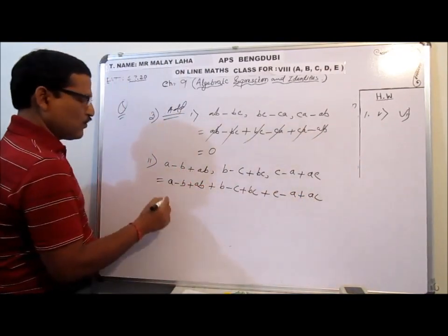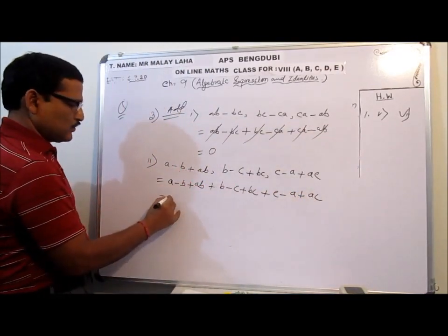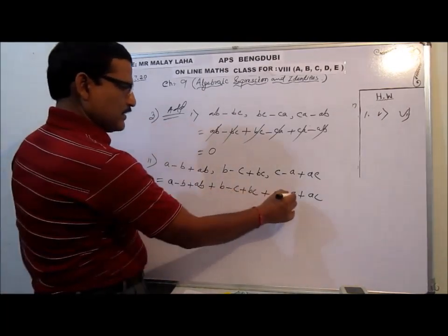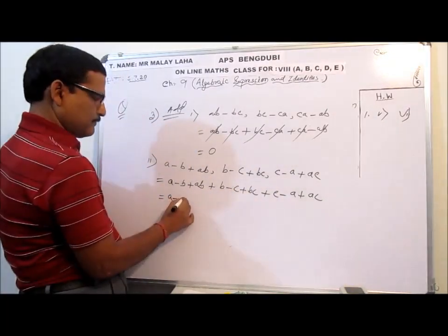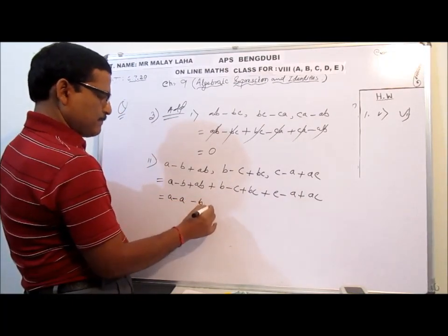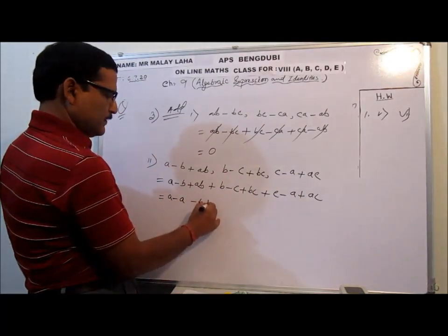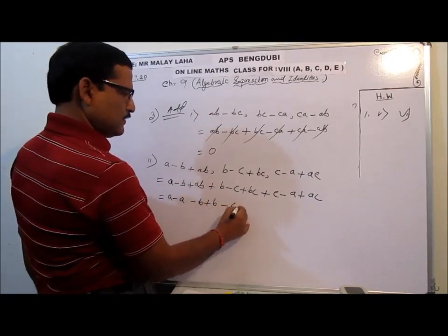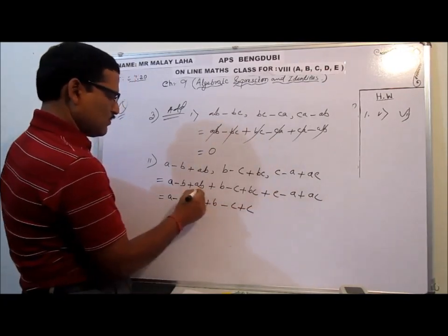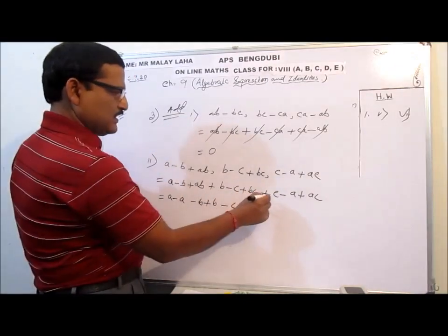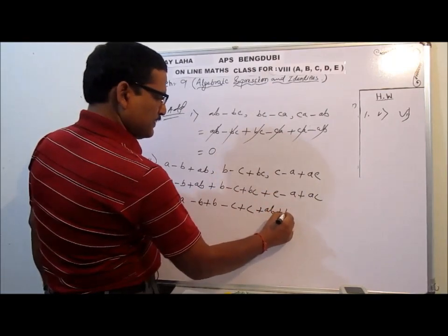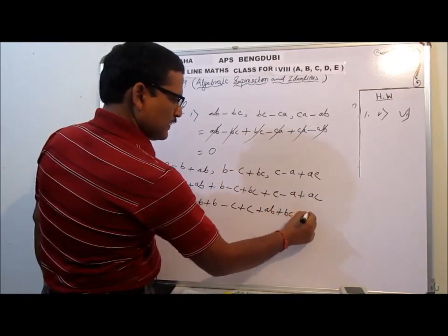Okay, now you write down all the A terms in front. So A, another here minus A, minus B plus B, minus C plus C. All are over. Now AB plus BC plus AC.